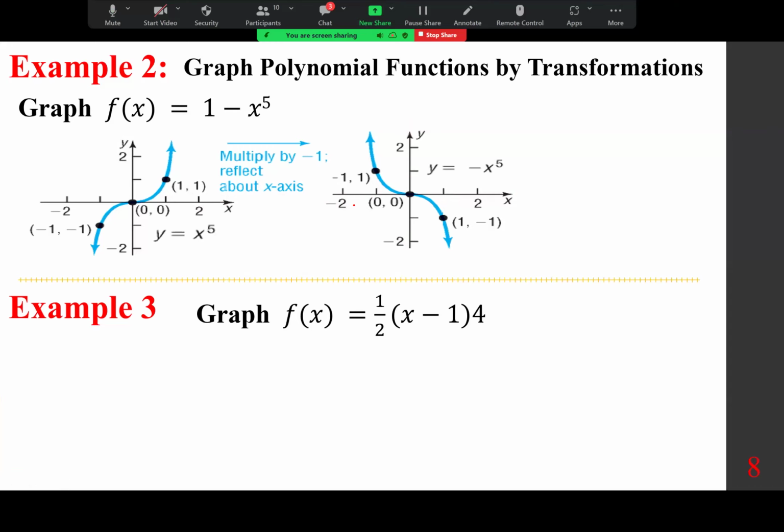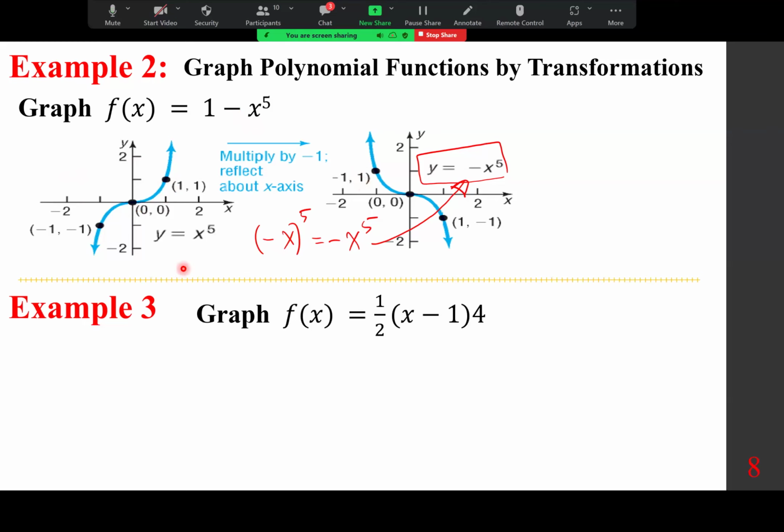So this is now y equals negative x to the power of 5. But if I said minus x to the power of 5, I also get minus x to the power of 5. Because again, what we are doing, we put the negative in front of x to the power of 5, so it's reflection with respect to x. But if you reflect it with respect to y, it will also look absolutely the same.